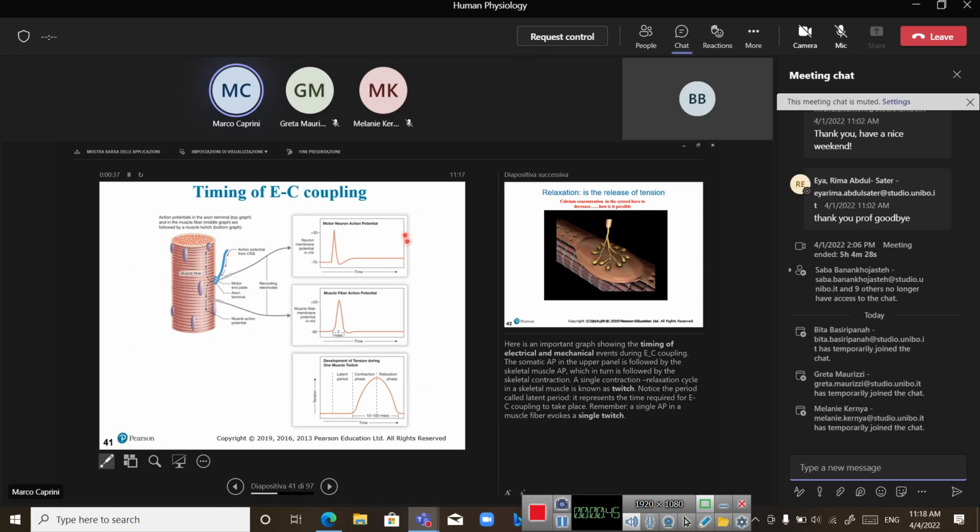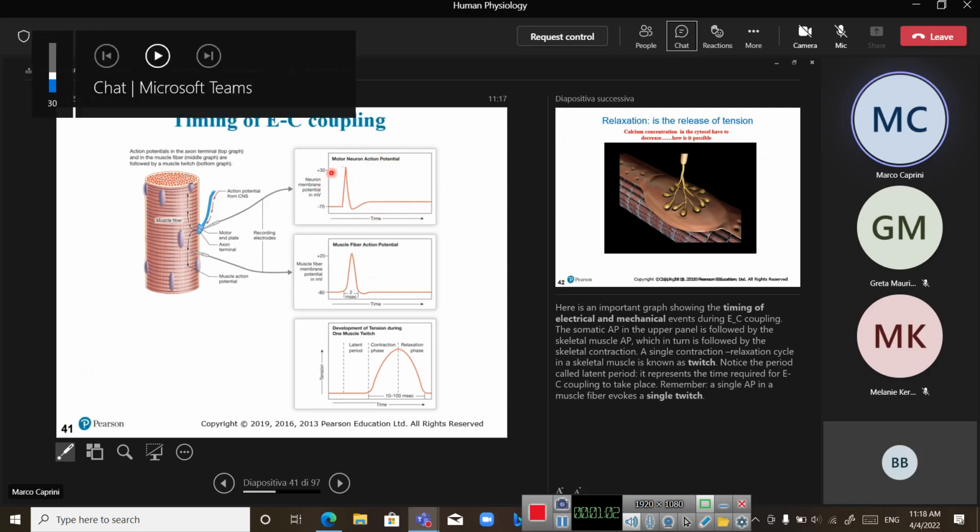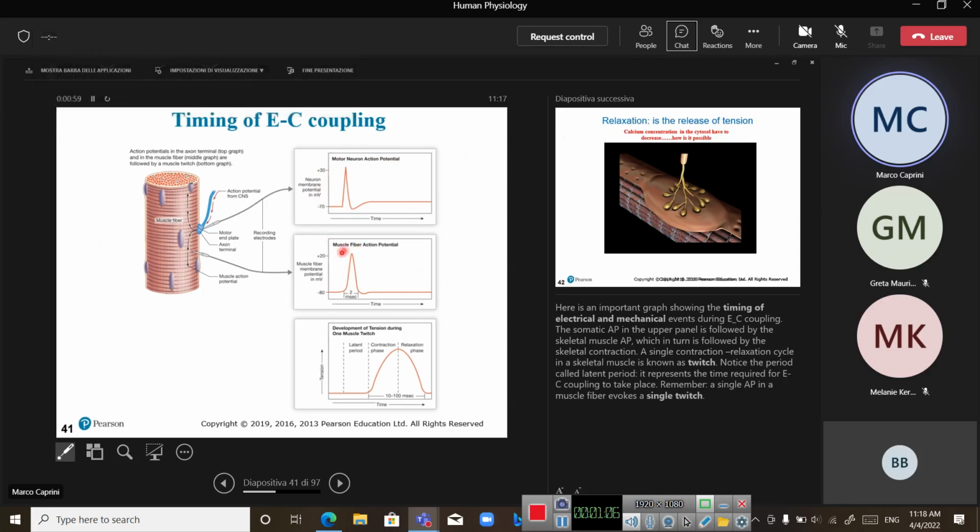The graph is showing the timing of the electrical and mechanical events during the excitation-contraction coupling of the skeletal muscle. The somatic action potential here in the upper panel is followed by the skeletal muscle action potential here, more or less at the same time, a little bit later, but more or less at the same time.